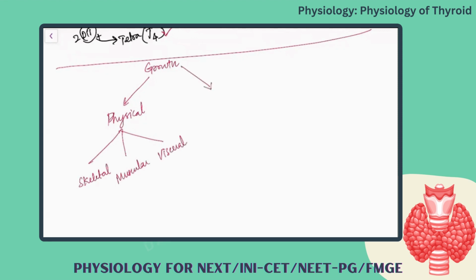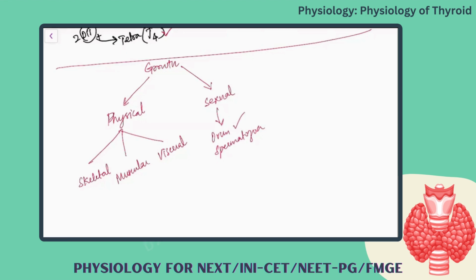And apart from that, it also has its role in the sexual organs. Mainly, it has a role in the formation of ovum and spermatozoa. If a person has thyroid deficiency, she will not have normal menstruation, whether the thyroid is deficient or excess, hypothyroidism or hyperthyroidism.